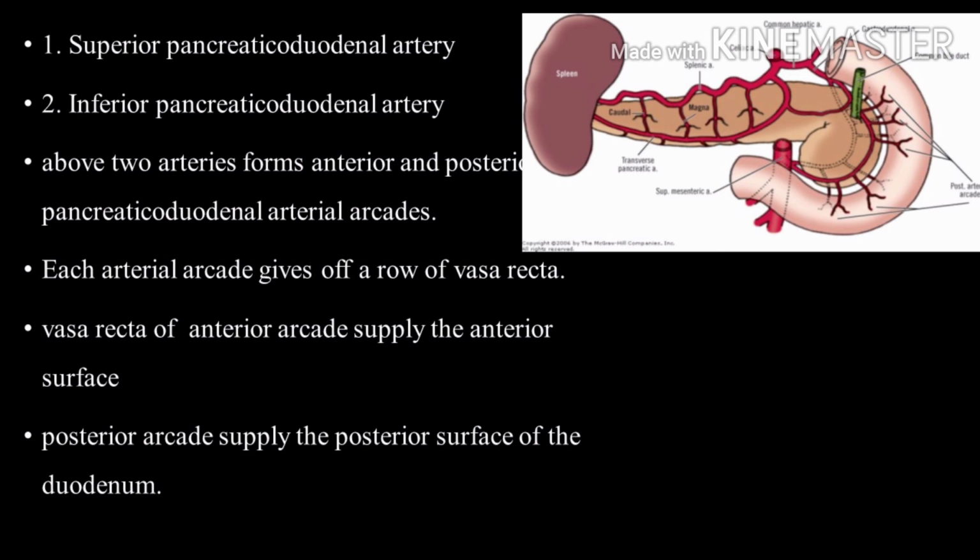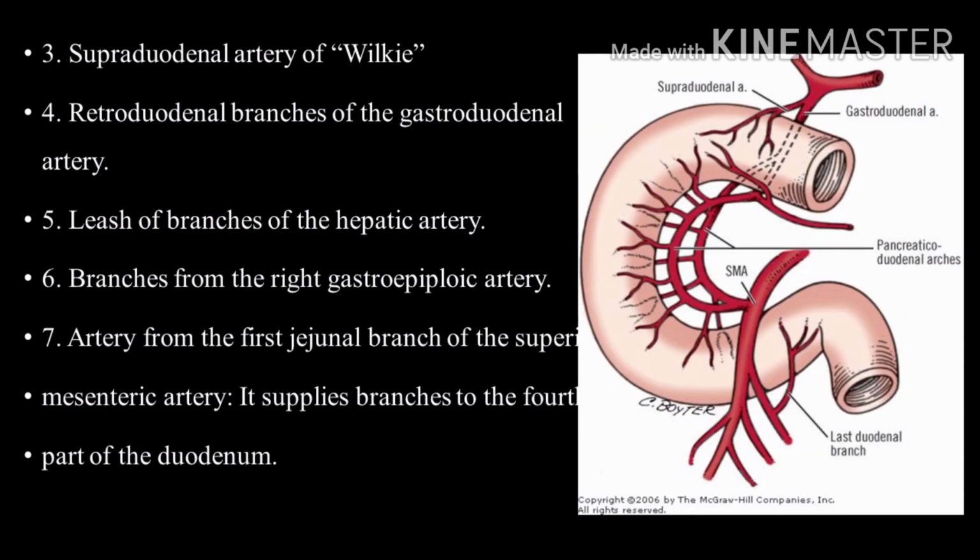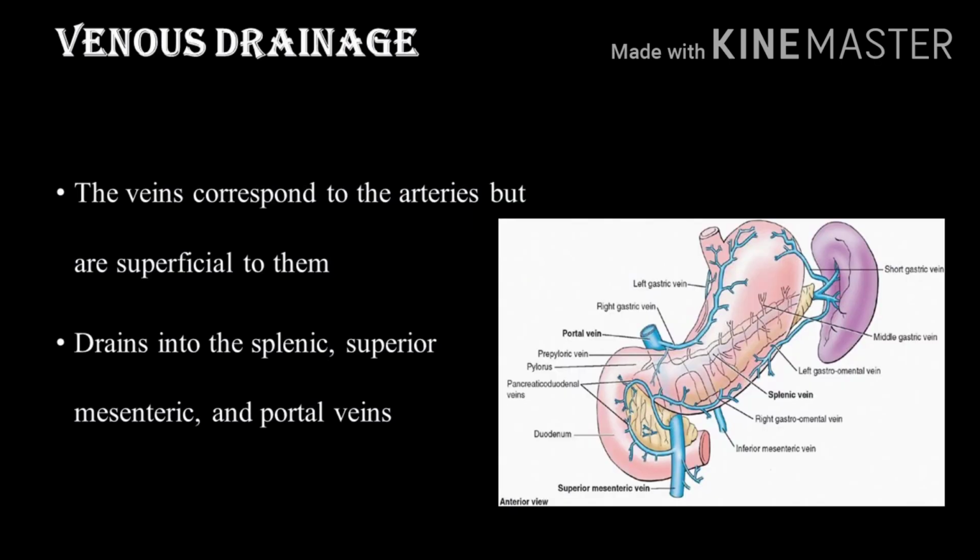Between the two rows of vasa recta lies the head of the pancreas. The first part of the duodenum receives additional arterial supply from the right gastric artery, the supraduodenal artery of Wilkie, which is usually a branch of the common hepatic artery, the retroduodenal branch of the gastroduodenal artery, and some branches from the right gastroepiploic artery.